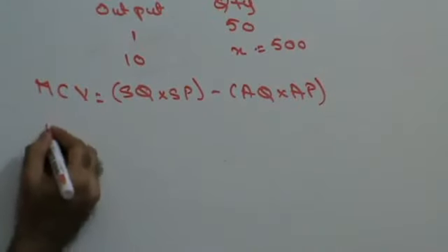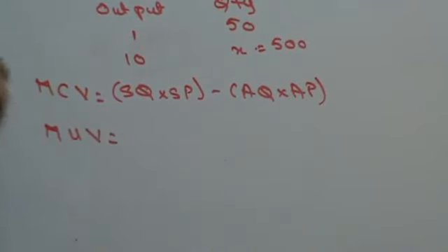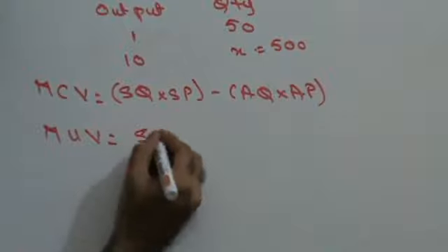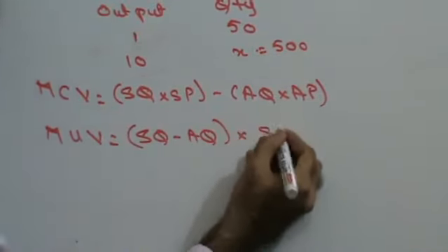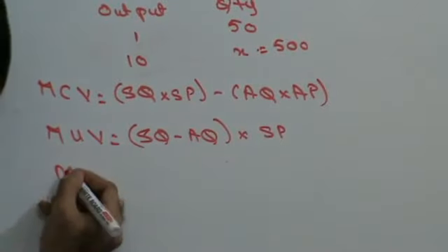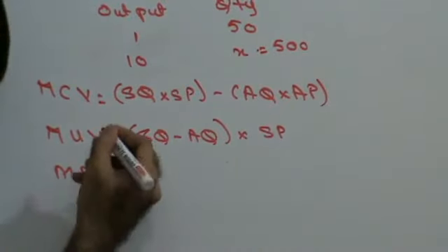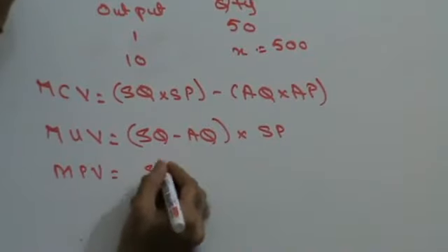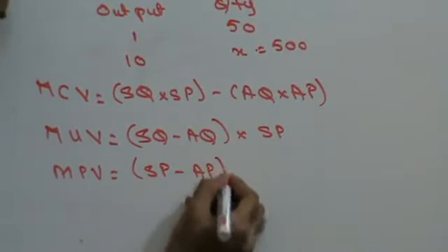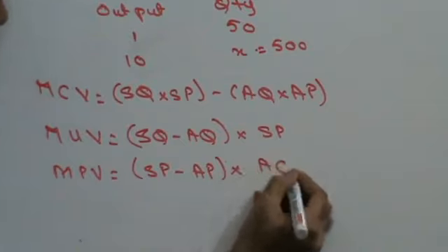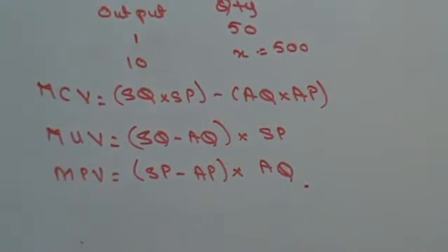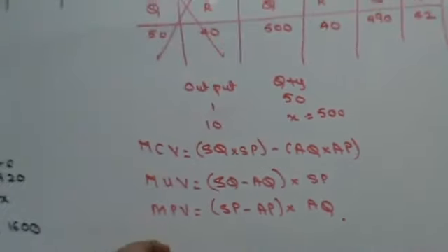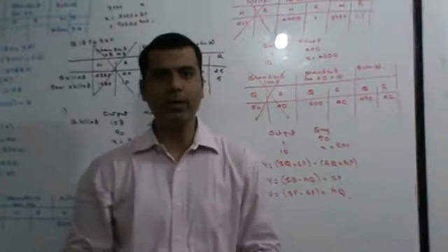Then MUV, material usage variance, is nothing but SQ minus AQ into SP. And MPV, material price variance, is nothing but SP minus AP into actual quantity. So just in case if you've forgotten your formulas, I've written the formulas again, so you can find out your material variances here. Right? Do we get this thing clear? We will stop here for the day. Thank you very much.